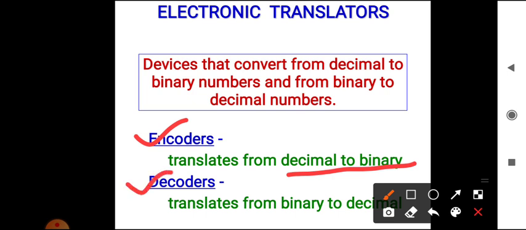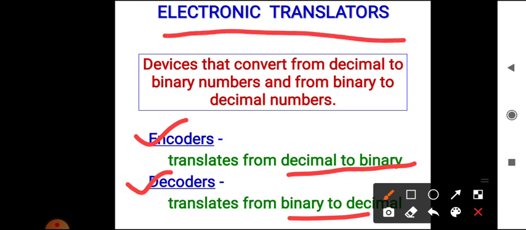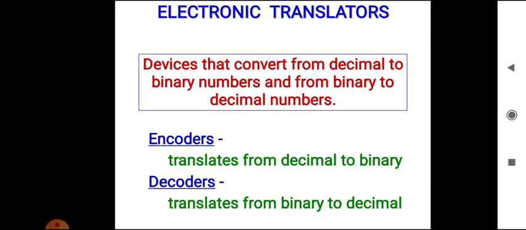Next, decoder means the opposite: the device which translates from binary to decimal is called a decoder. So these are called electronic translators, devices used to convert or change from decimal to binary or binary to decimal.